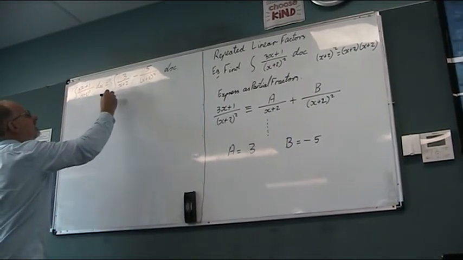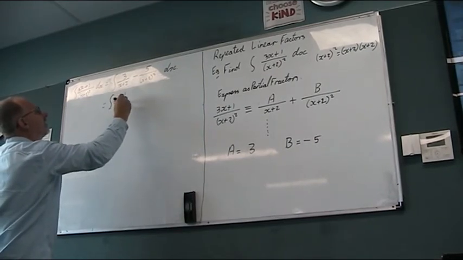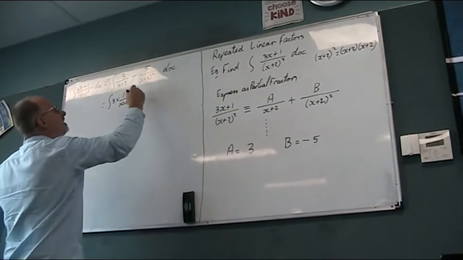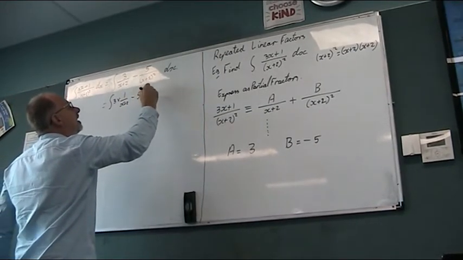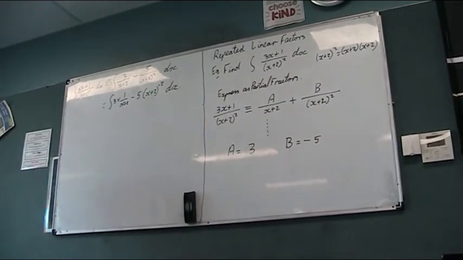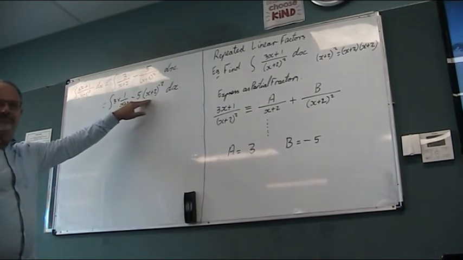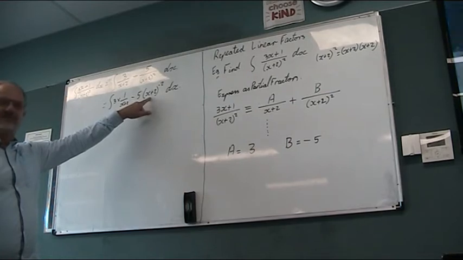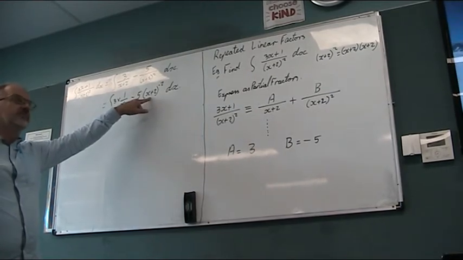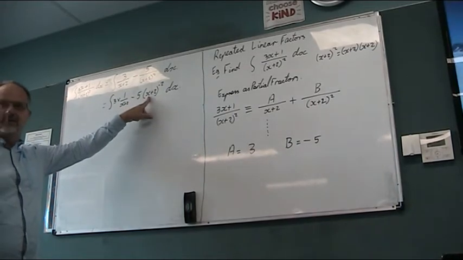This bit here is 3 times 1 on x plus 2. This is -5 times x plus 2 to the -2. So for this one, we use the chain rule in reverse, the derivative of what's inside here is 1, yep.